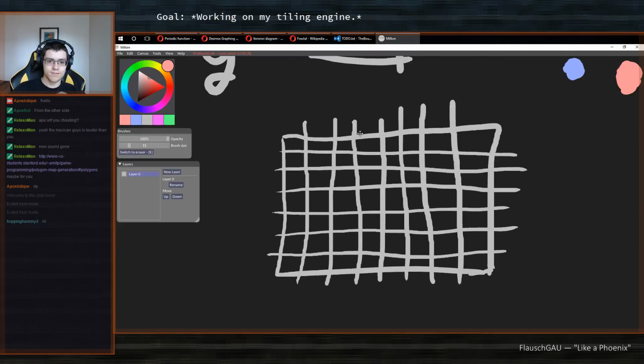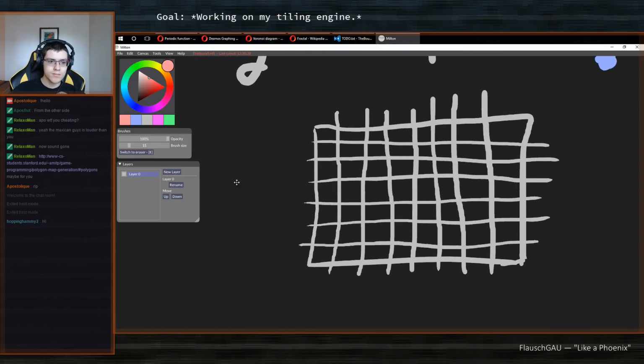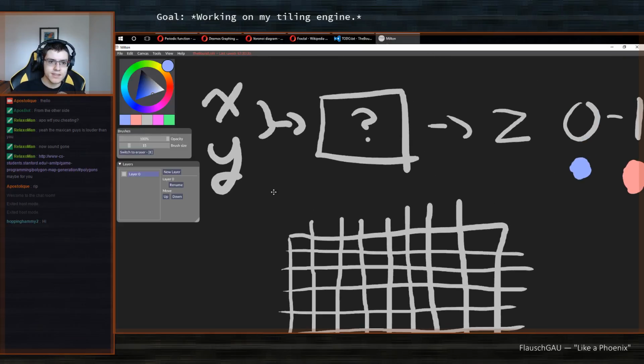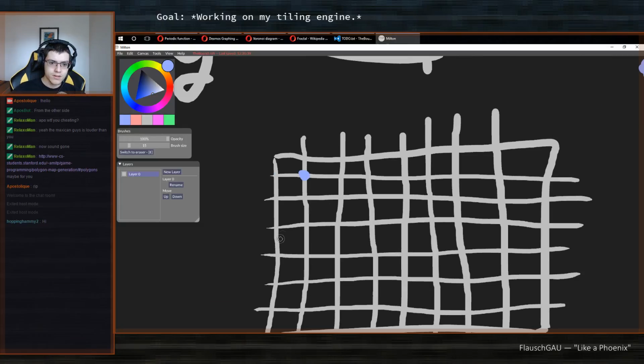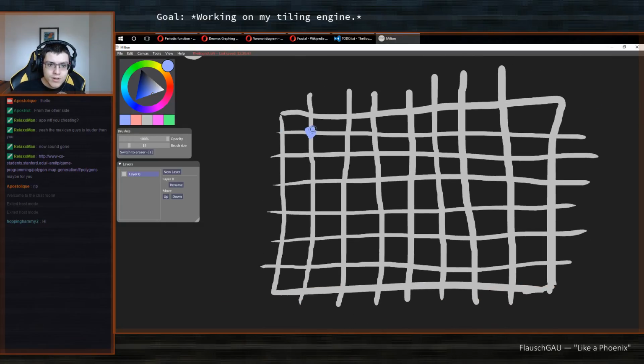So I run this XY. I guess this is just like a noise function, but whatever. So I know that at this location there's that. Maybe here it's a red.